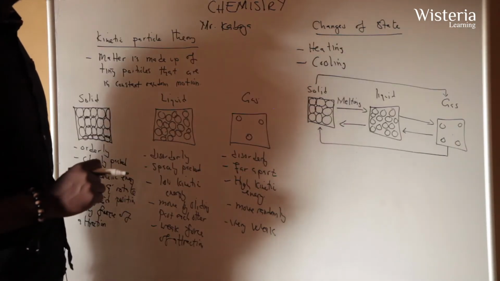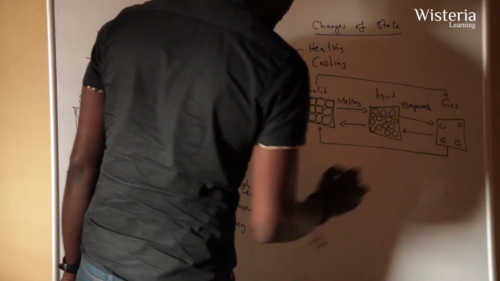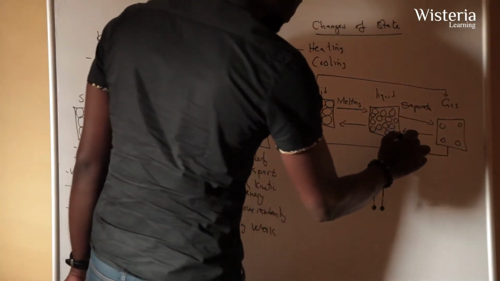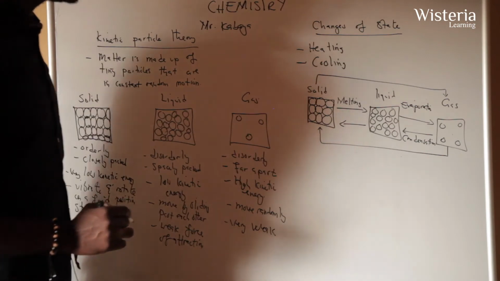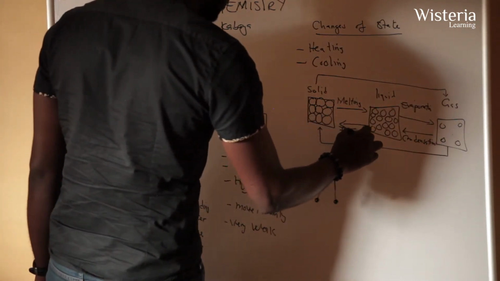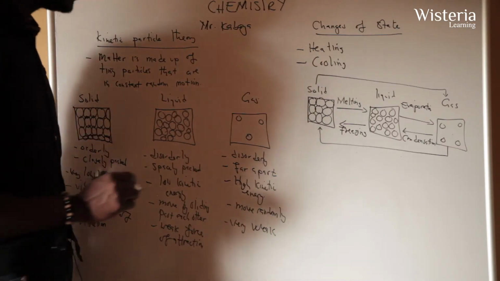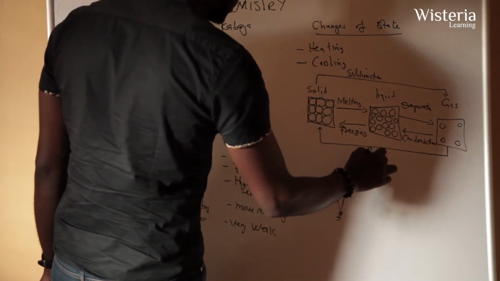A liquid changing to a gas is called evaporation. A gas to a liquid is called condensation. A liquid to a solid is called freezing or solidification. Then the direct change from a solid to a gas is called sublimation, and this one also is called sublimation.